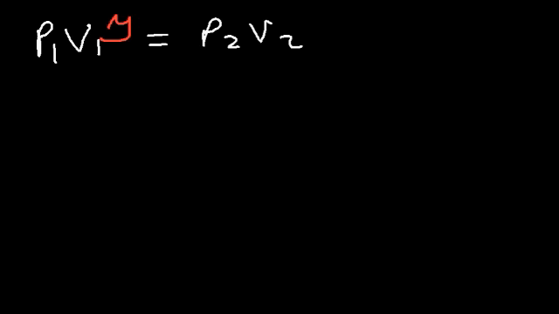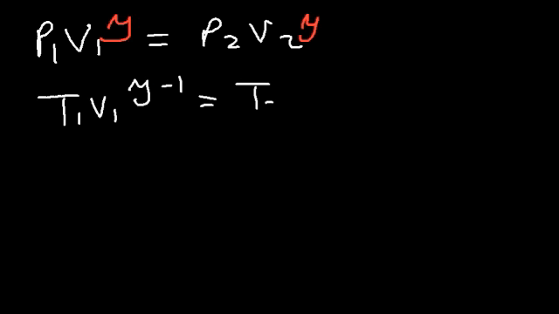And then you also have these equations. P1 V1 raised to the gamma is equal to P2 V2 raised to the gamma. And also T1 V1 to the gamma minus 1 is equal to T2 V2 to the gamma minus 1.